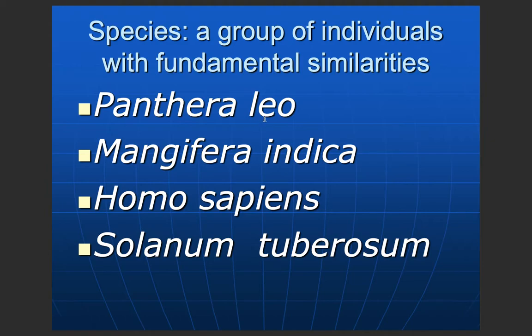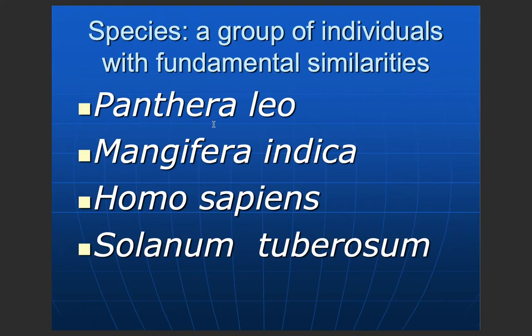Panthera leo, Mangifera indica, Homo sapiens, and Solanum tuberosum. These are scientific names according to binomial nomenclature. Panthera leo is the scientific name of the lion, where Panthera is the genus and leo is the species.